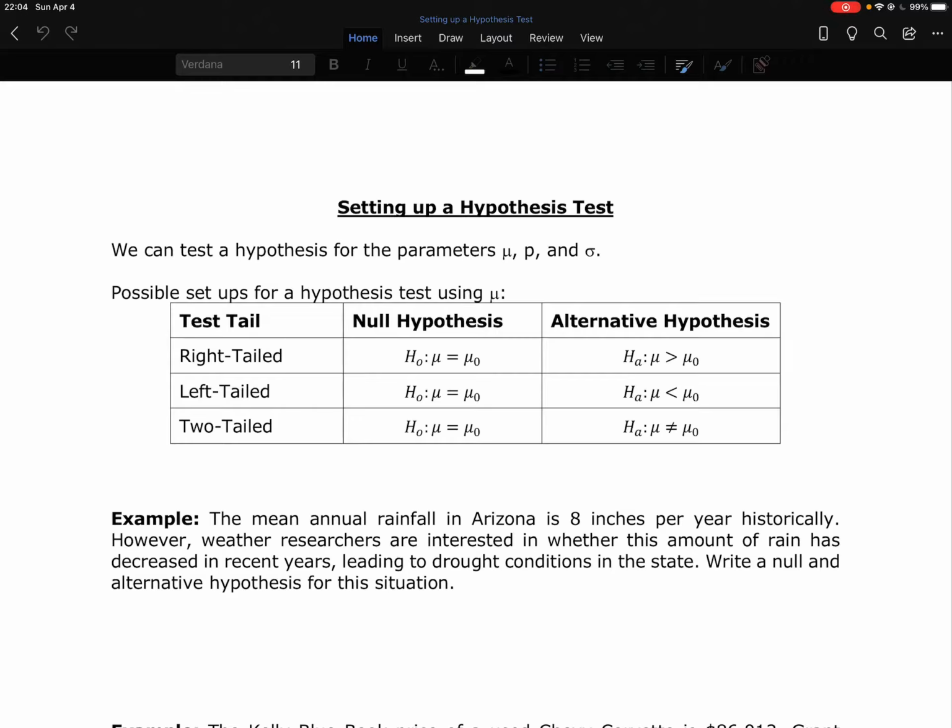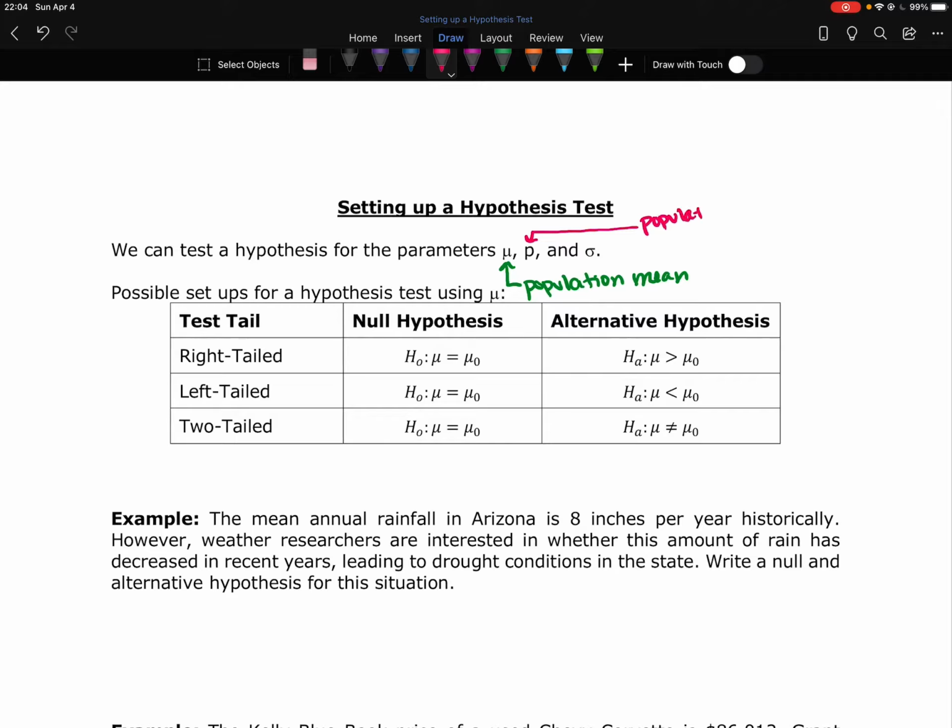So when we do a hypothesis test, we're able to test for 3 parameters. Mu, which remember is the population mean. P, which is the population proportion, and proportion is a fancy word for percentage.